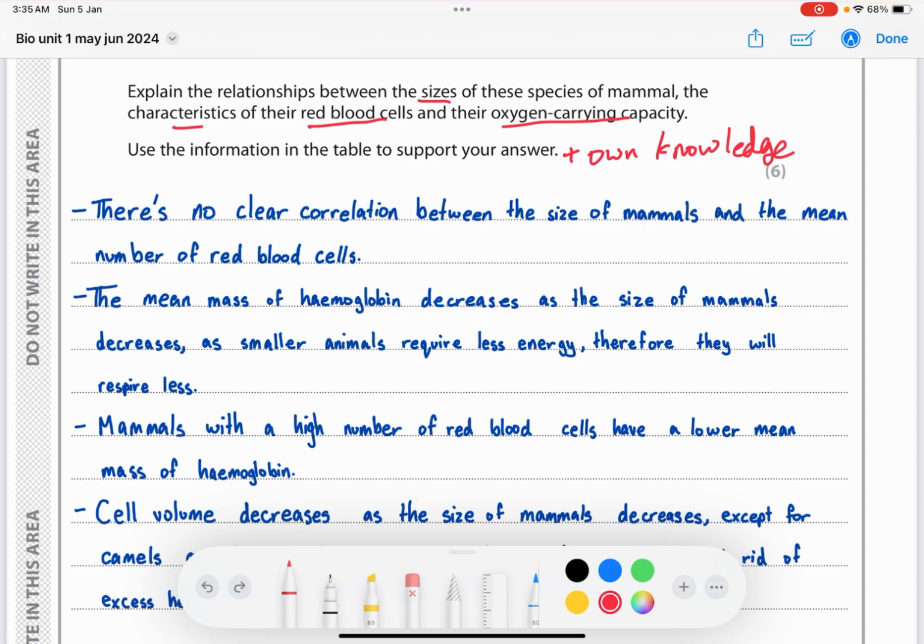We know that when we respire, we break down glucose to gain ATP, which is energy. So if it's a smaller animal, it requires less energy, therefore it's not going to respire as much. Respiration does take energy and it does take time, so if it's not needed, then it won't take place in the body.